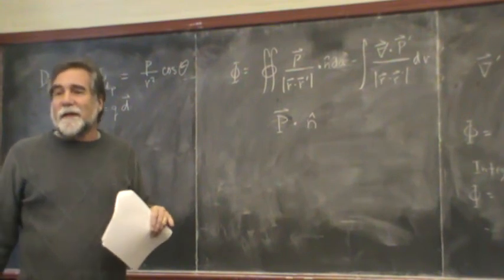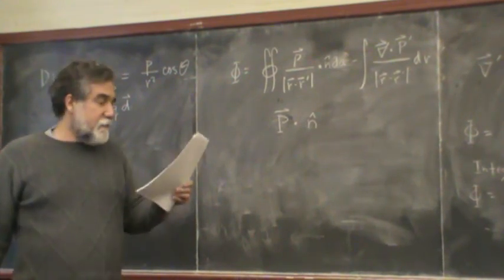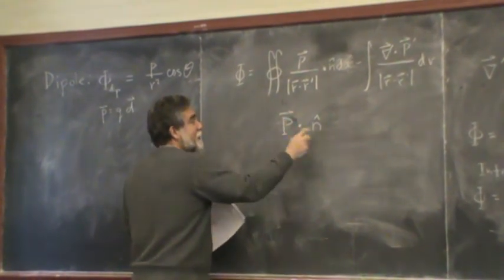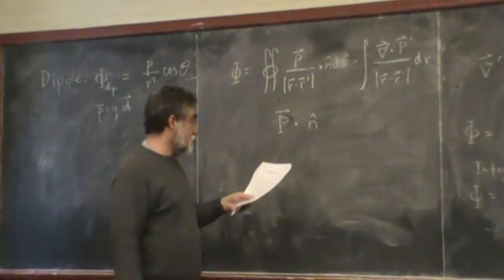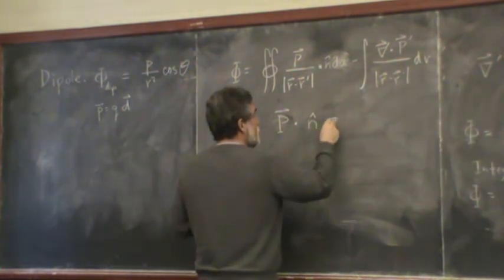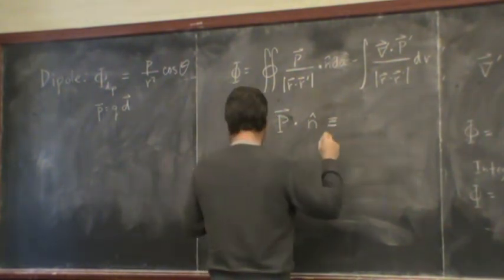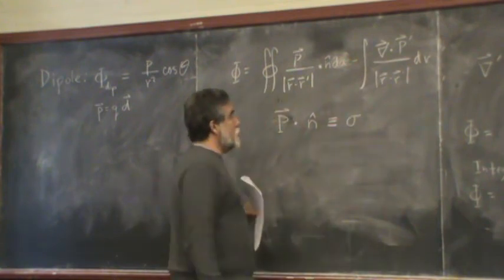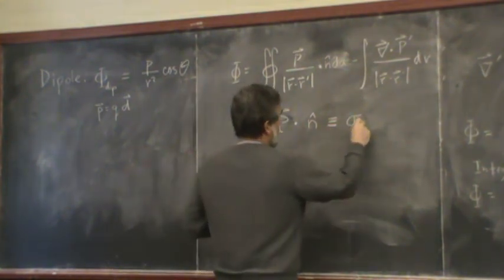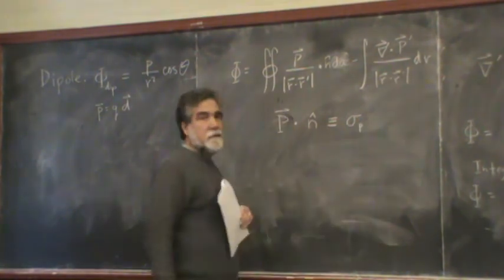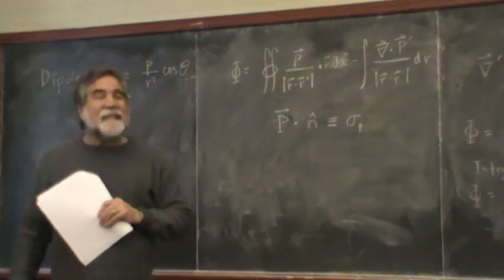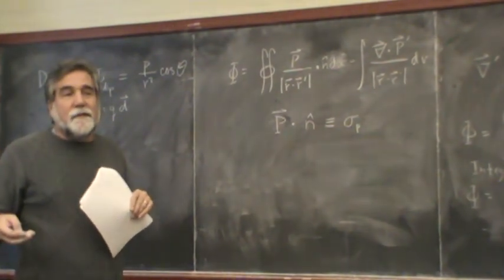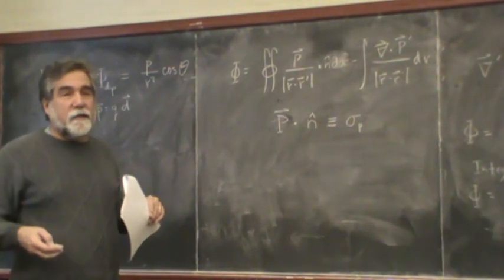And if you haven't learned to write in pencil by now, then tough. Then you fail. P dot n, the normal to the surface, I'm going to call that sigma P. All right? That's an effective surface charge due to the polarization of the material.